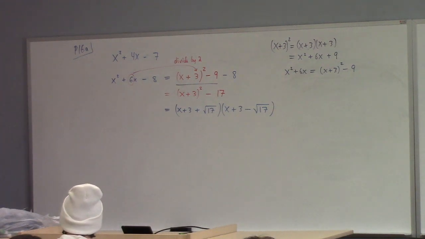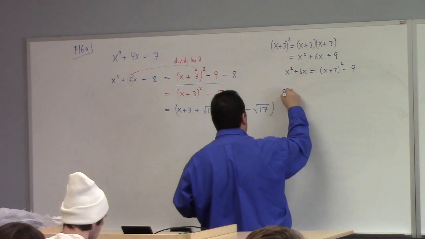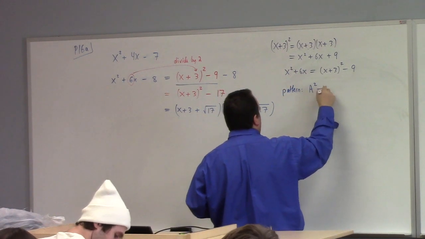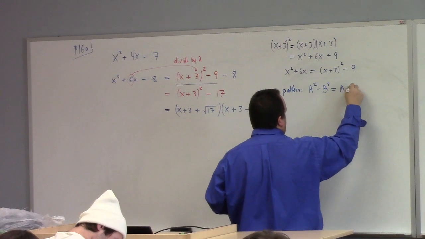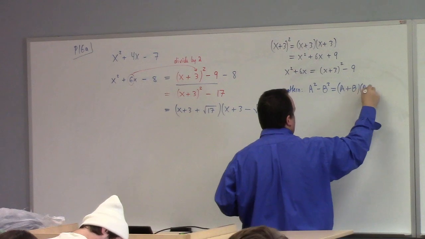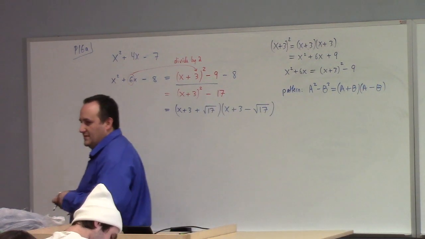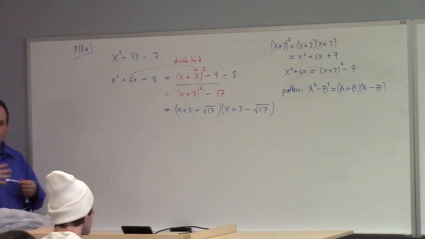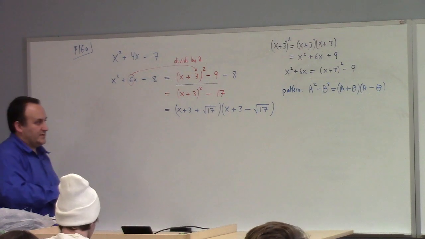Once we complete the square, we always have the pattern a squared minus b squared, which we can factor as a plus b times a minus b, right? The thing that might not be immediately obvious is how 17 is a square. That takes a little imagination, but 17 is the square root of 17 squared. That's the tricky part there.